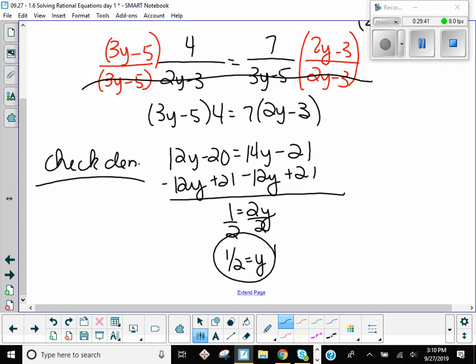When I plug it into the original first one, that's 2 times 1/2 minus 3, which does not equal 0. It's just 1 minus 3. And then in the second one, 3/2 minus 5. Again, I don't actually care what the answer is, I just care if it's equal to 0 or not, and it's not. So that checks, and we can keep that answer.